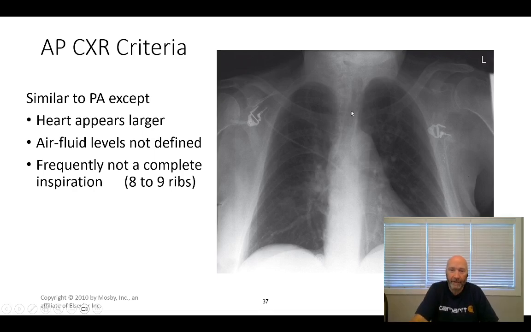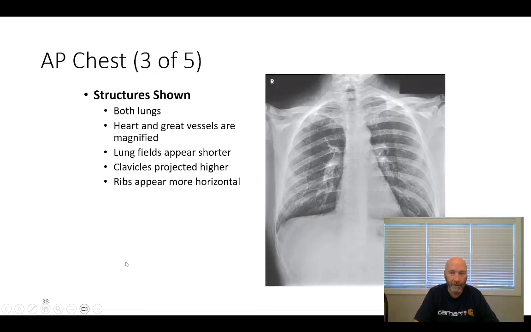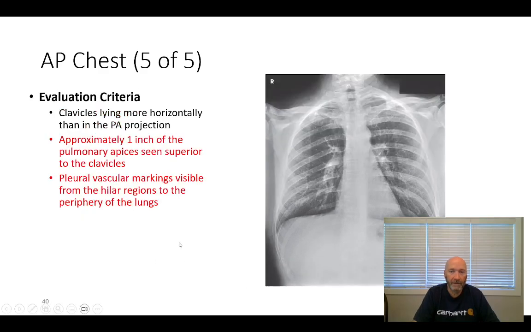The shoulders are elevated, the clavicles are too low in the chest. It's just not a very good X-ray. A PA chest X-ray and an AP chest X-ray should look the same. The only difference might be the magnification of the heart and the appearance of the marker. So just more of the same stuff.